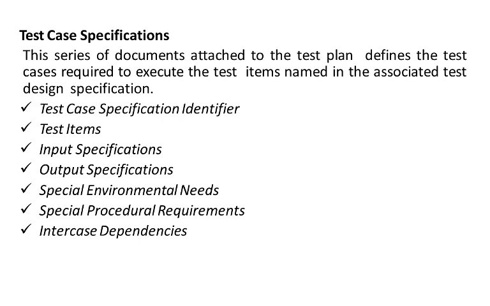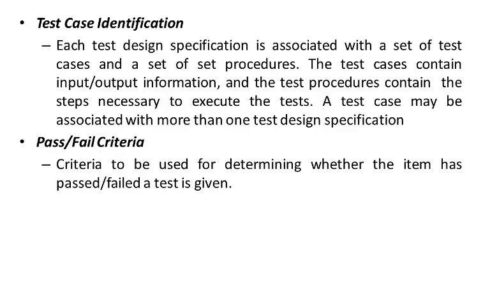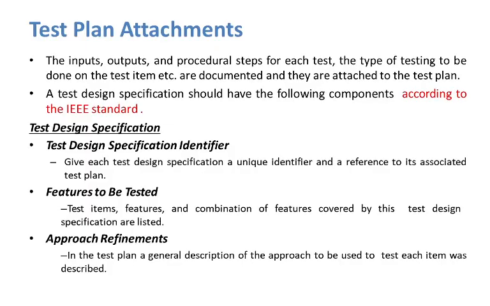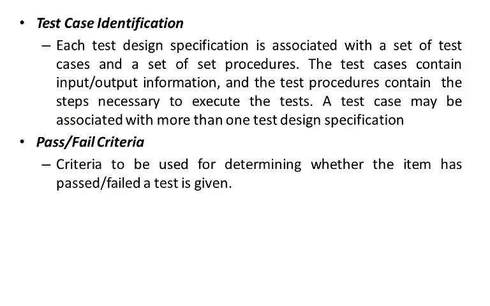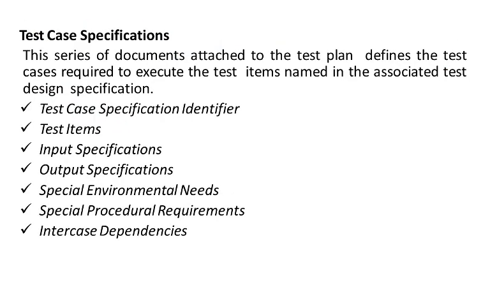In this component, the test planner should describe any relationship between the test case and other test cases, and the nature of the relationship should be identified. So these are the test plan attachment details, with the following components according to the IEEE standards: test design specification and test case specifications.